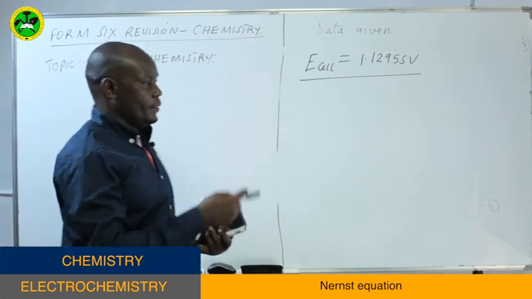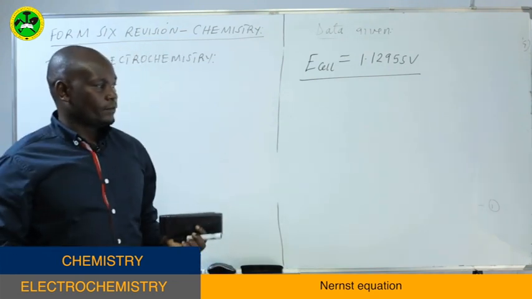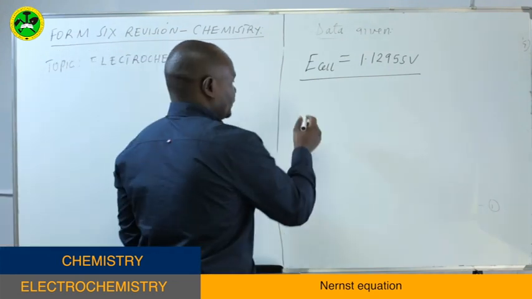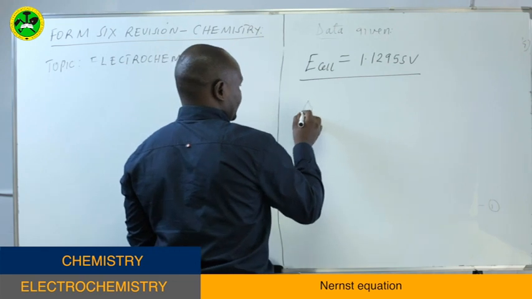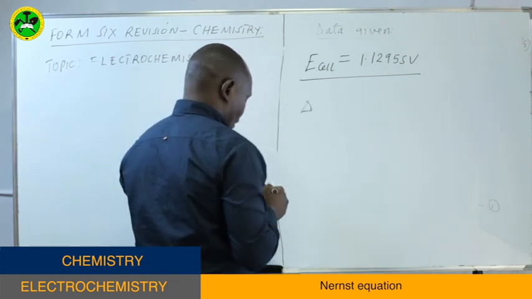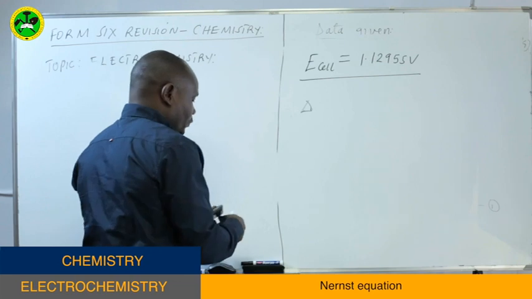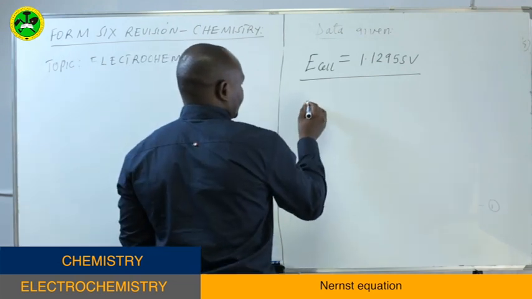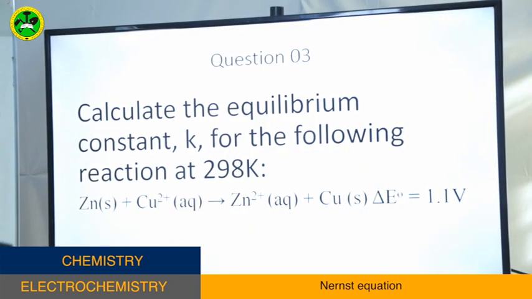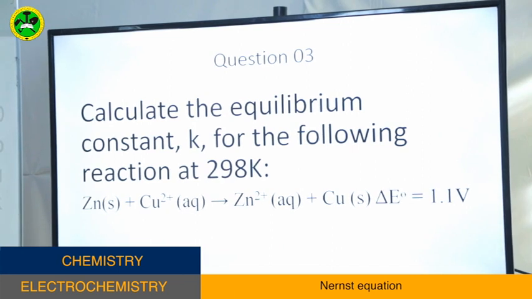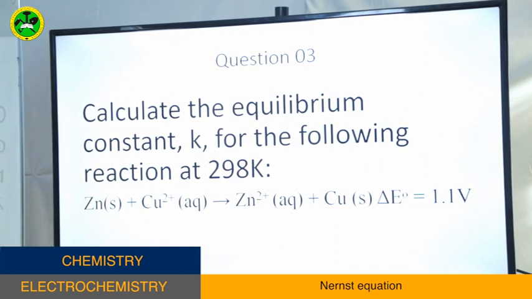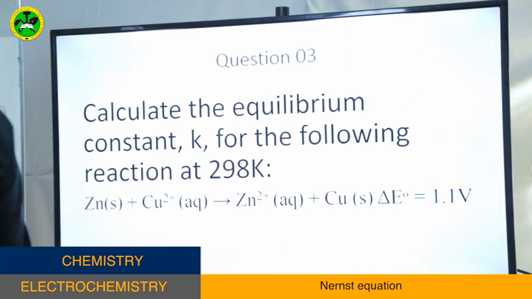From the question, the data given, we have the standard electrode potential of our cell, which is equal to 1.1 volts.